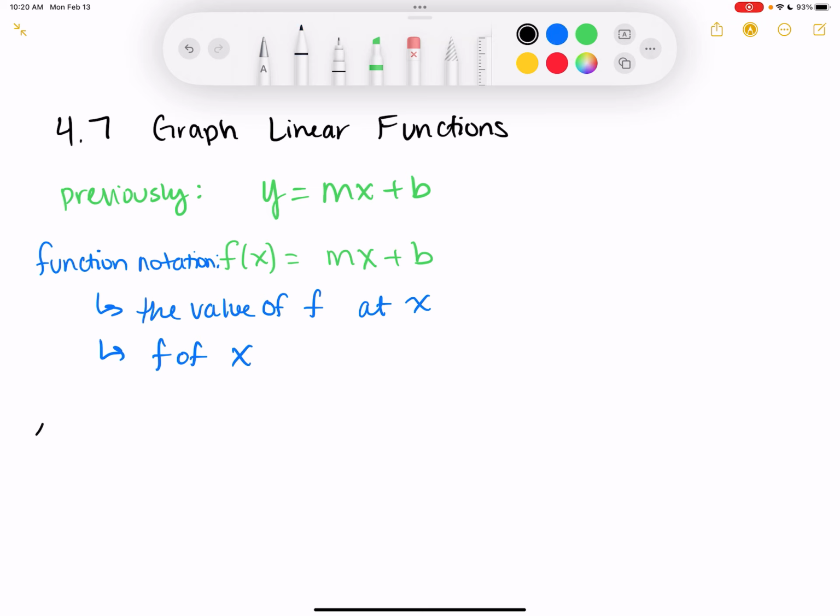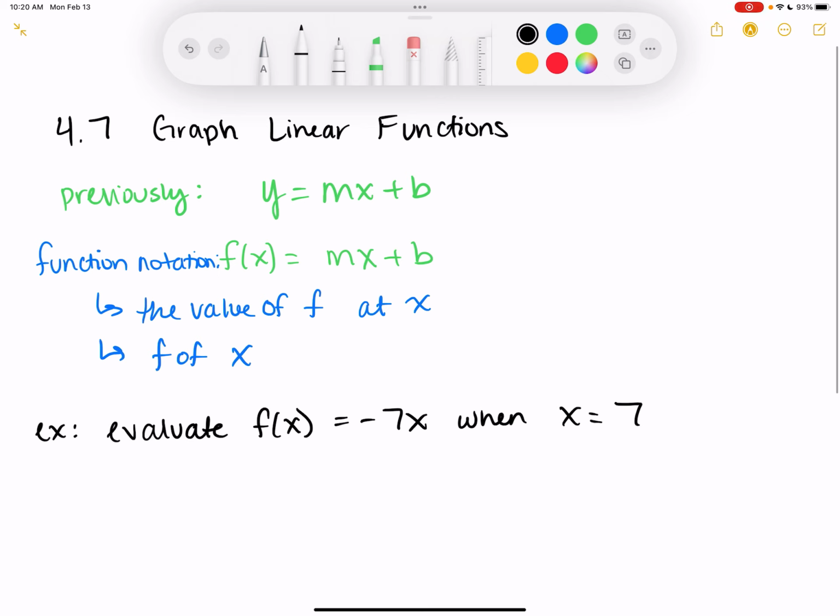So an example of what this would look like, it would say evaluate f of x equal to negative 7x when x is equal to 7. So what this is telling you to do is to put 7 in for x.